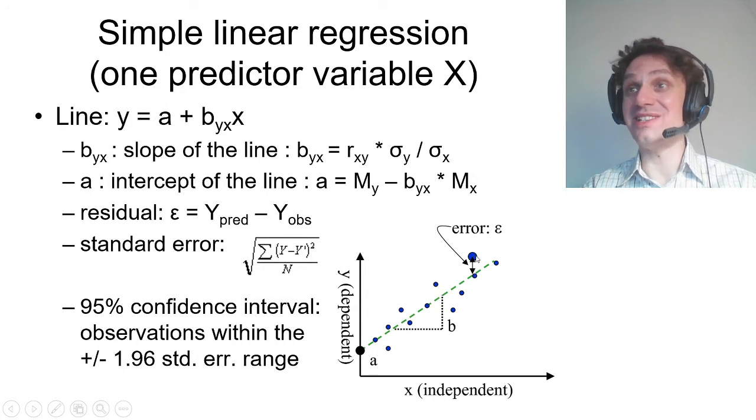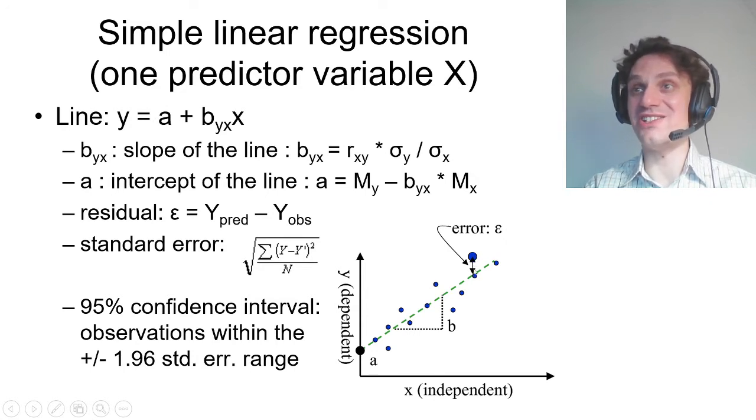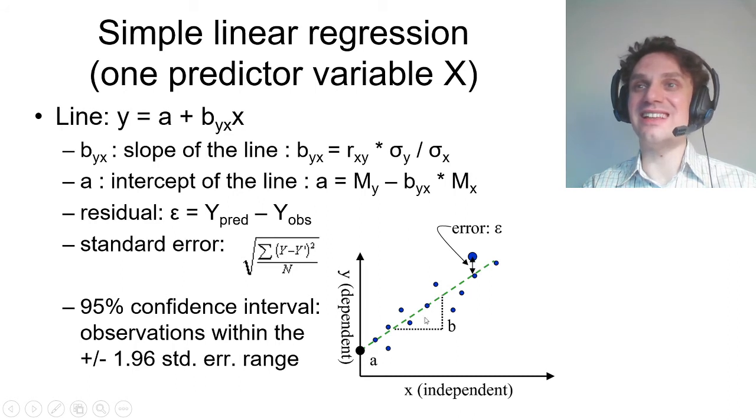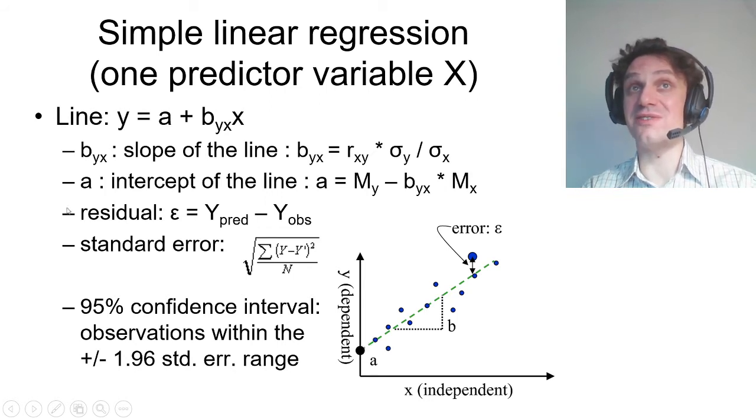And later on, when we discuss regression, we'll pay some attention to those residuals or to those errors. Right now, let's just take a look at the association between correlation and regression. When we try to draw this line which goes through all of these points, we basically try to describe it with a function.